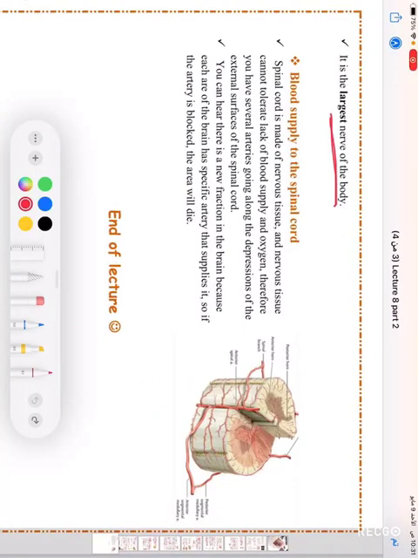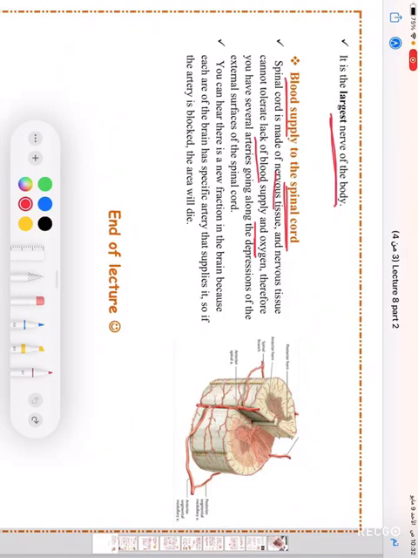Blood supply of the spinal cord. After we talked about the spinal cord and the nerves, we'll talk about how the spinal cord is supplied. The spinal cord is made of nervous tissue. Okay, nervous tissue cannot tolerate lack of blood supply and oxygen.